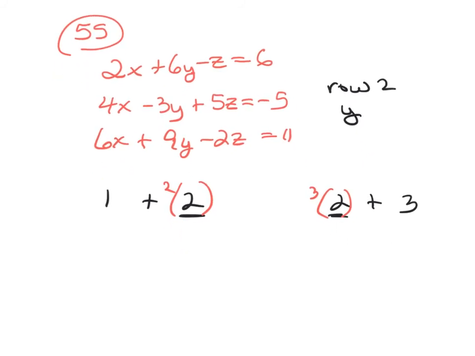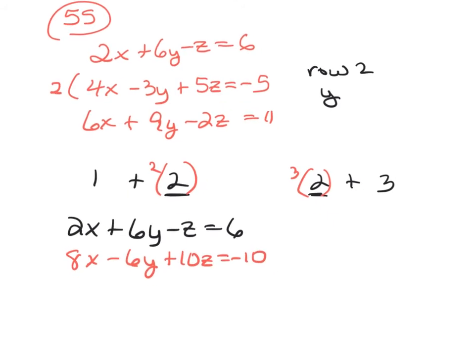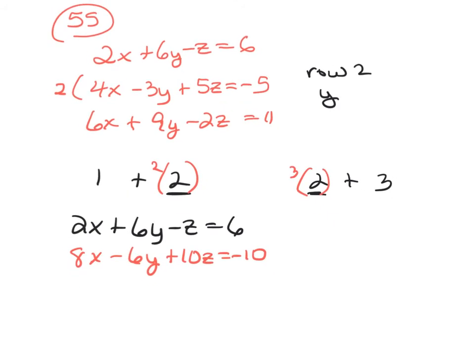So I'm going to rewrite row 1. And now I'm going to multiply row 2 by a 2 so I can get y to be a negative 6. So this gives me 8x minus 6y plus 10z equals negative 10. Now let me do this one in blue.